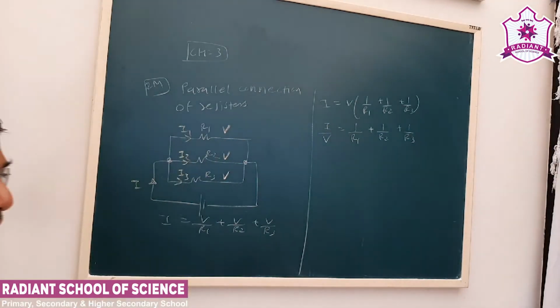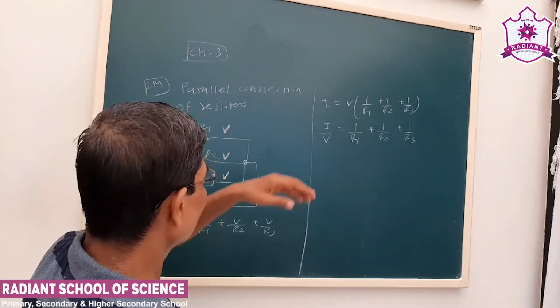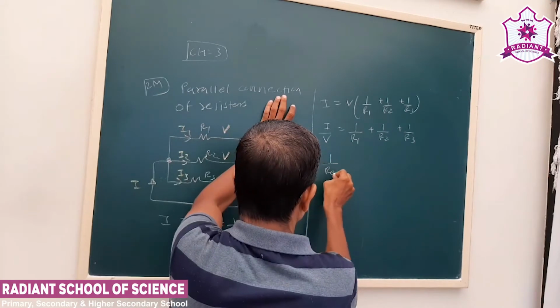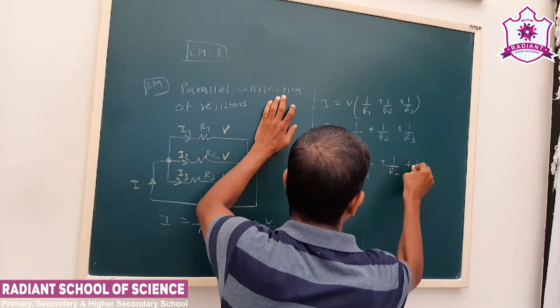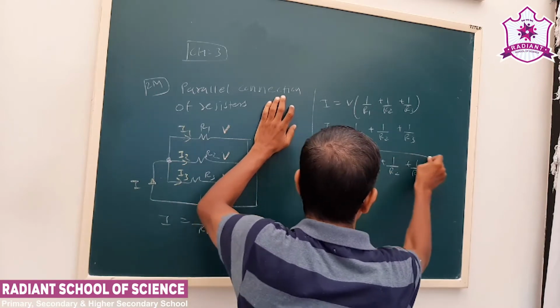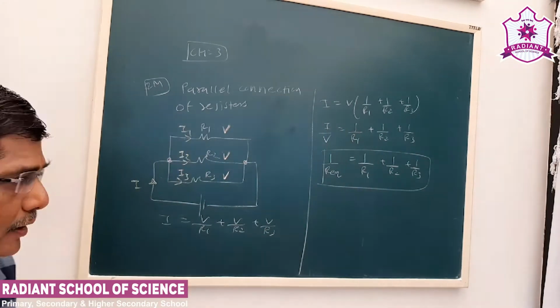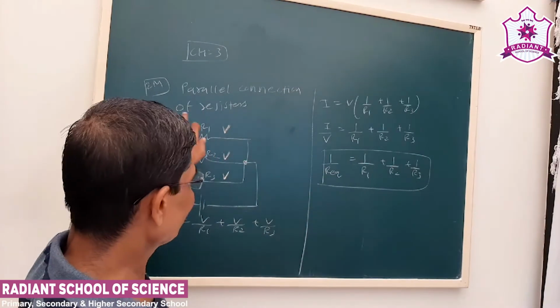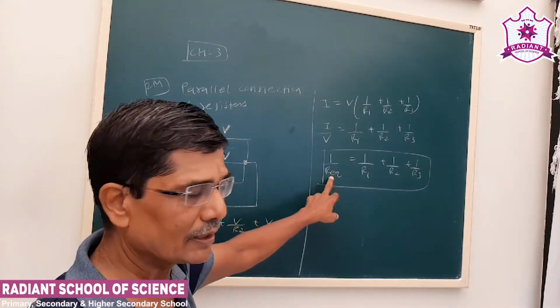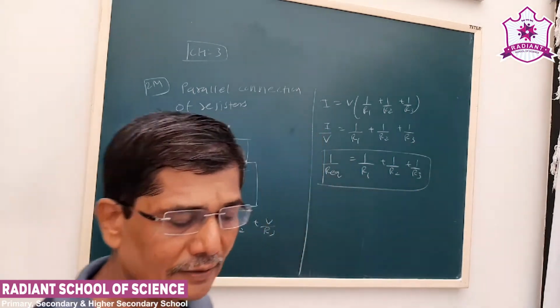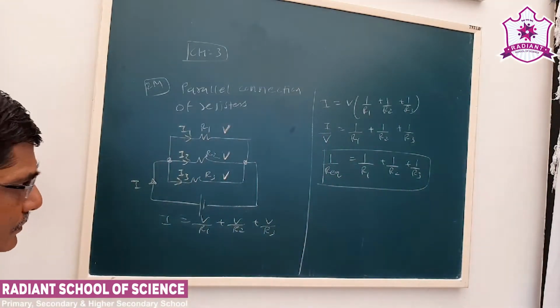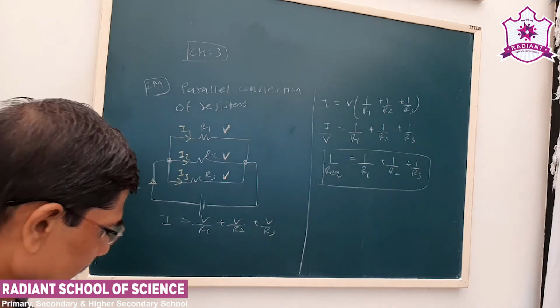Now see V upon I is R. I upon V will be 1 upon R. Okay. So in parallel connection, equivalent resistance 1 upon R equivalent is 1 upon R1 plus 1 upon R2 plus 1 upon R3. Okay. So this is about the parallel connection of the resistors.